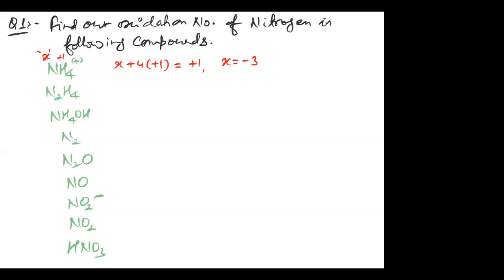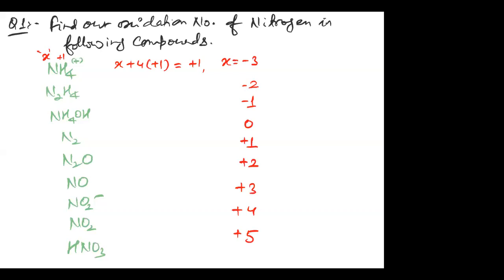Similarly, if you do all these calculations, second is found to be -2, third is going to be -1. N2 oxidation number is 0. N2O it is found to be +1. NO it is found to be +2. In the case of NO2-, it is +3. In the case of NO2, it is going to be +4. And in the case of HNO3, oxidation number is found to be, let's say, +5.